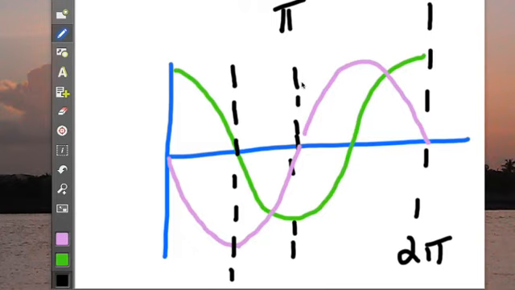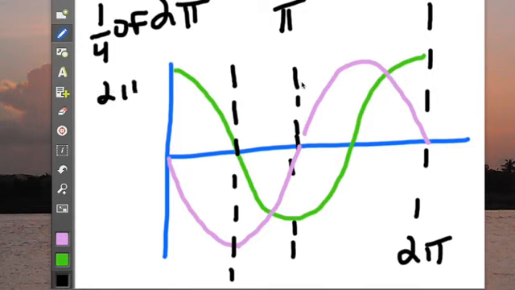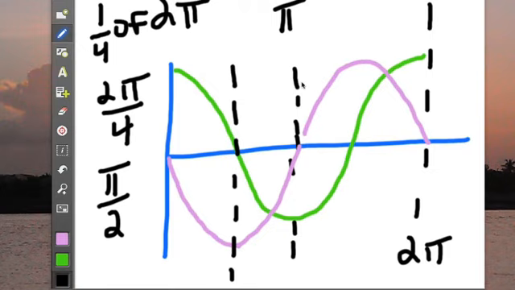Okay, so 1/4 of 2 pi, so 2 pi over 4, just hit this math up real quick, or if we simplify that, pi over 2. So the velocity graph is shifted by pi over 2. Okay, it's phase shifted.